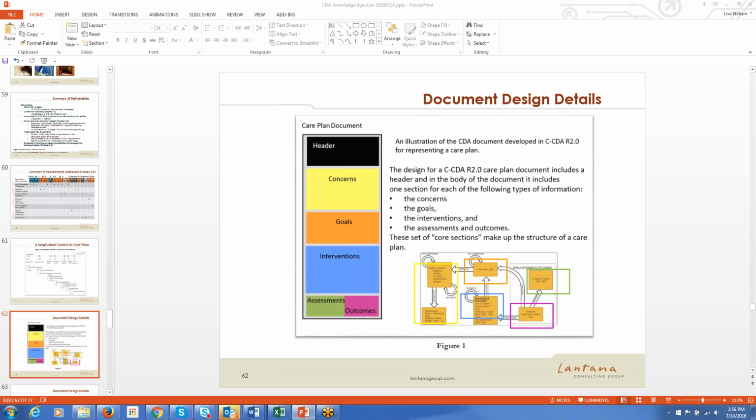We did a big survey of industry groups and clinicians to get feedback on how we make the data in CDA documents more relevant and pertinent. They, of course, responded by saying, we would like more information and we would like less. It was just across the board. There was so much diversity, where people were like, you're not giving me enough information or you're giving me too much.